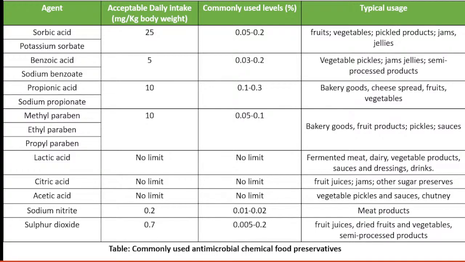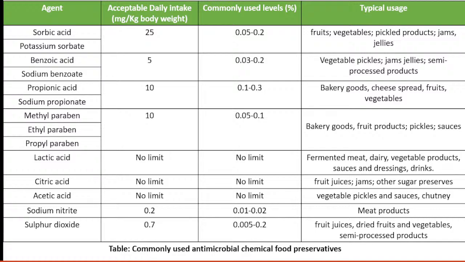Then come the benzoates, that is benzoic acid and sodium benzoate. It can be taken at 5 milligrams per kg body weight, and the commonly used level is 0.03 to 0.2 percent, used mainly in vegetable pickles, jams, jellies, semi-processed products.